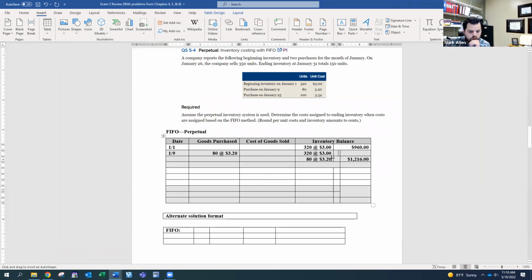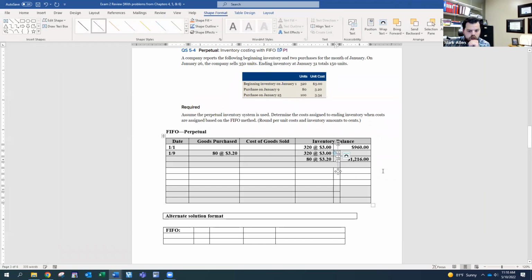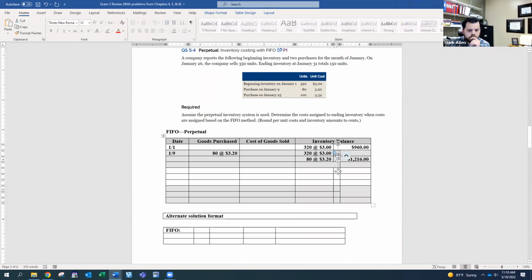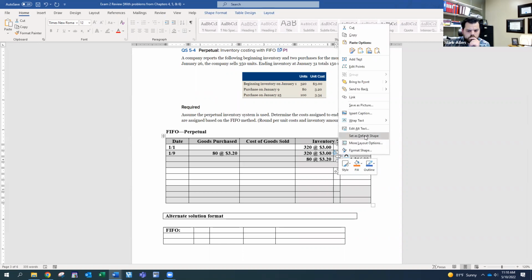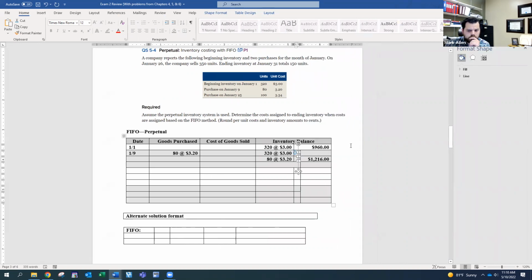This is what I'm looking for. It's been a while since I did this, trying to get that to be a little bit thicker so it's easier to see. Okay, there we go. So it's the sum of those two.